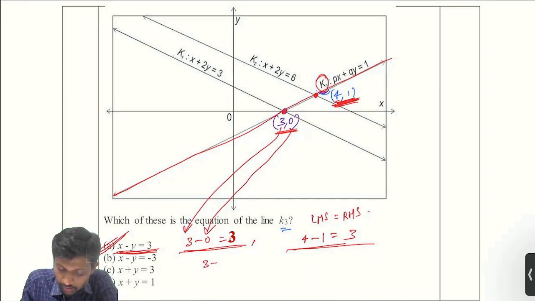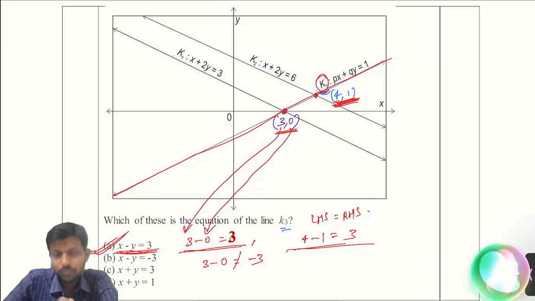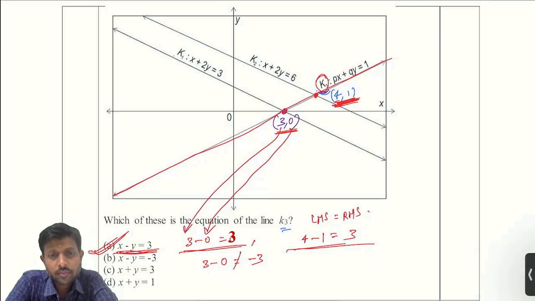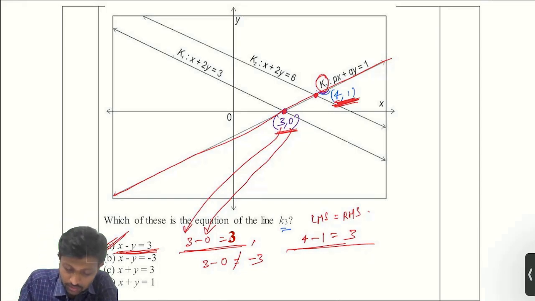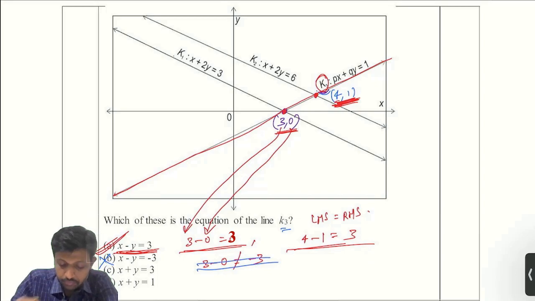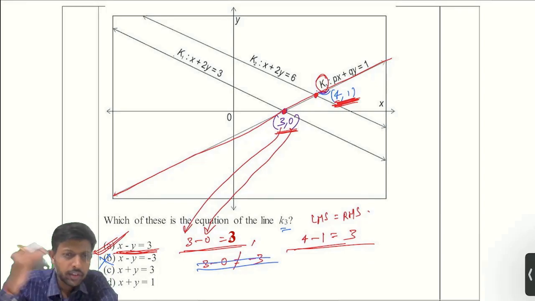So 3 minus 0, is it equal to minus 3? No. 3 comma 0 is not equal to minus 3. So you can discard this option right away. You don't need to check the other point. Even if it is there, that's fine. One point is there, but it's not the one that we want.